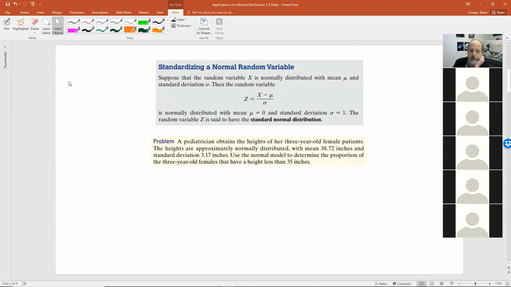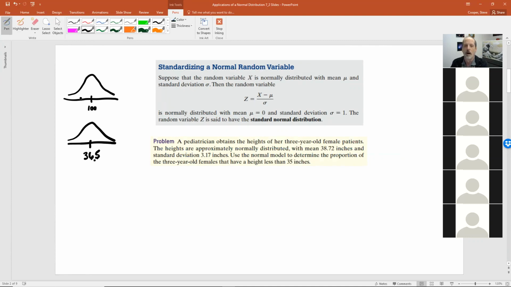Like you might have one normal curve that has a mean of say 100, and some other normal curve has an unusual mean, something like 36.5.